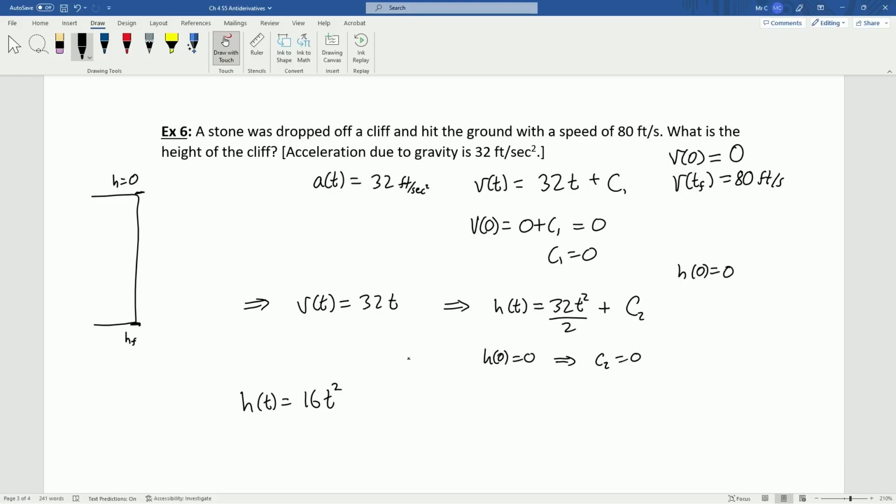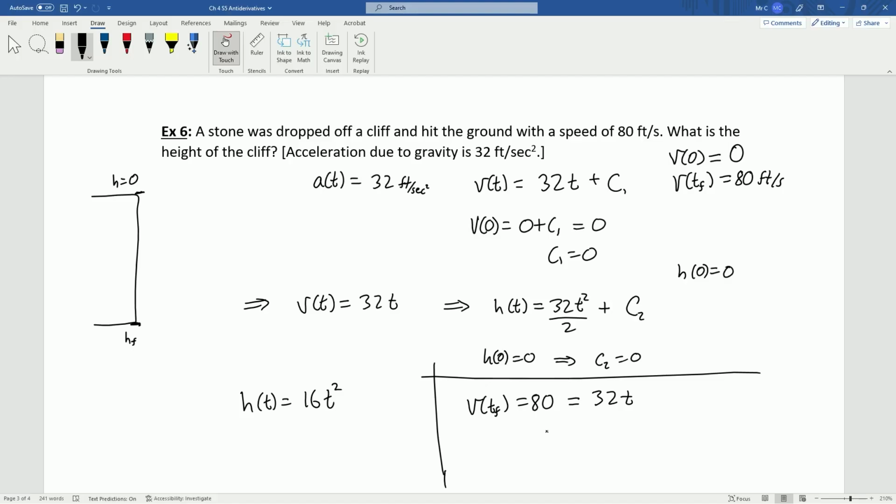All right, so we've got my height function. So we're going to do a little bit of work off to the side to figure out what t_f is. So we know the velocity when it hits the ground should be 80 feet per second. So the velocity at time final should be 80, but that's got to be equal to 32t.